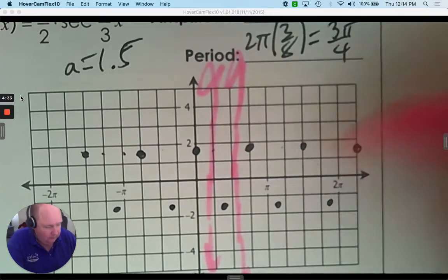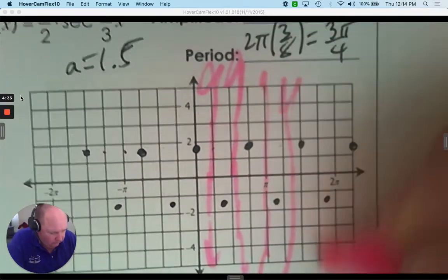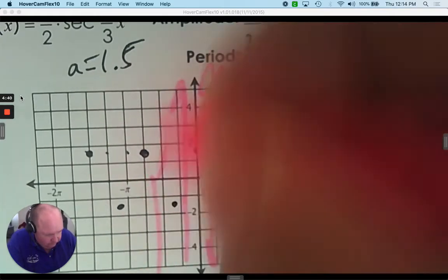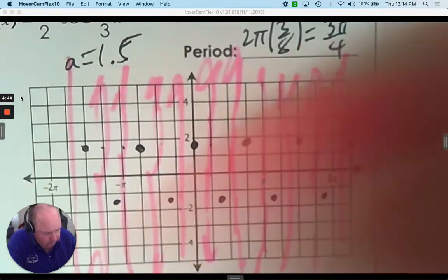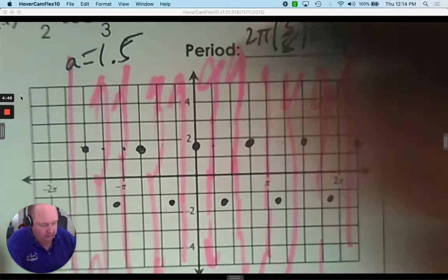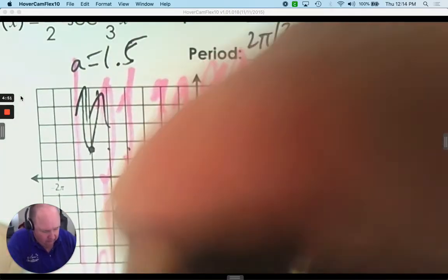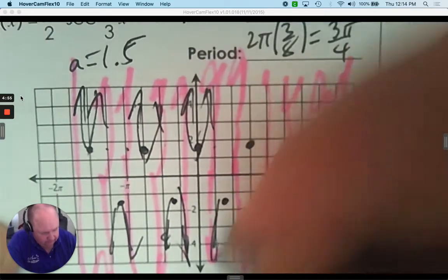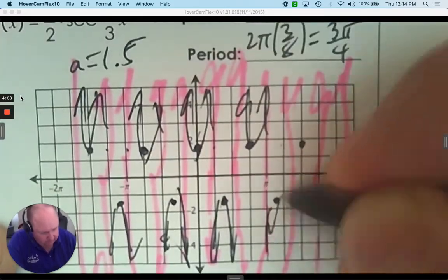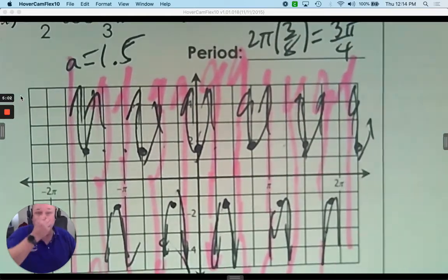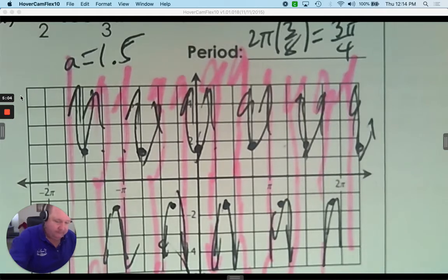And then in between our asymptotes. And then what does the picture look like? So the upper vertices fold up and the lower ones fold down. All right, we're done. Number 44.